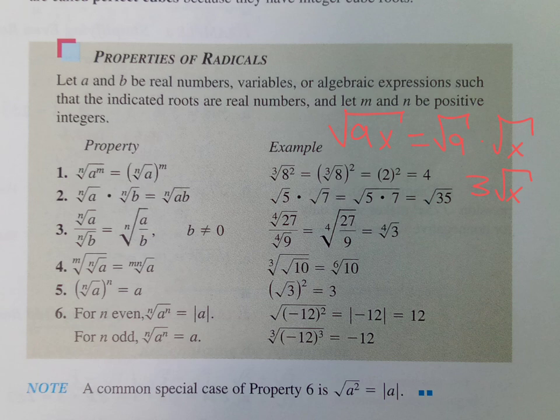All right, 2 and 3 are basically the same, right? That gives you some properties there. This is a cool one. This one makes sense. Let me show you what's going on with that.